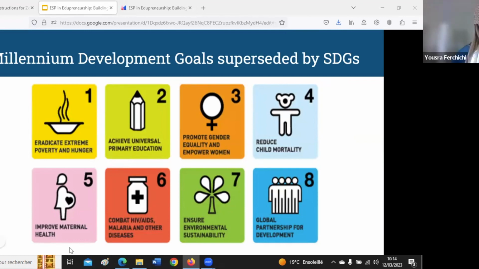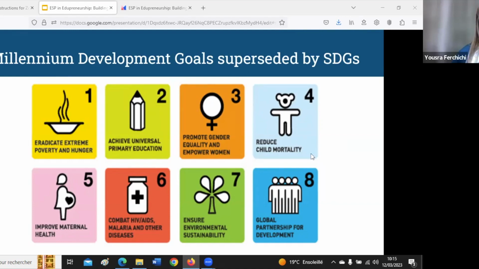These goals were initiated a long time ago and they were restricted to 8 goals. As you can see, some of them are about poverty and hunger, others are related to primary education, then gender equality, and issues back in the past related to child mortality, because most of the children did not manage to survive due to some diseases and viruses at that particular time.